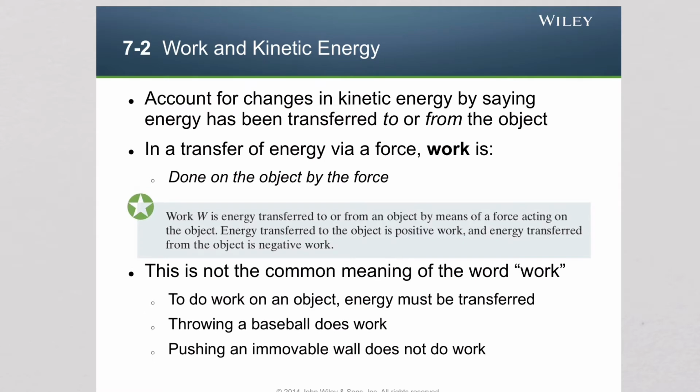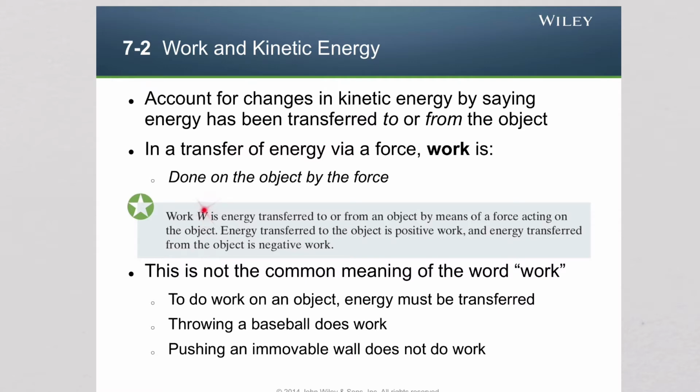For a moving object, when the velocity changes, that will result in a change of the kinetic energy of the object. The kinetic energy changes by transferring energy into the object or to the object or from the object, and this transfer is happening by applying force, and this force does work.